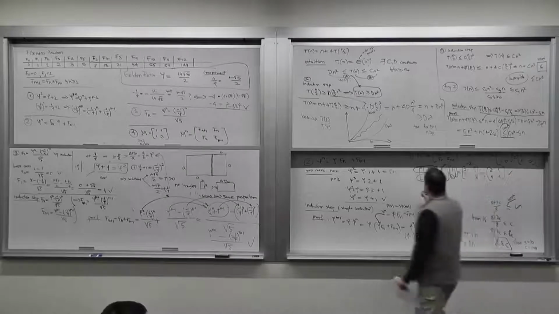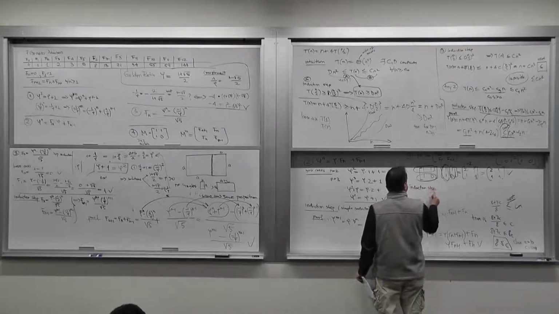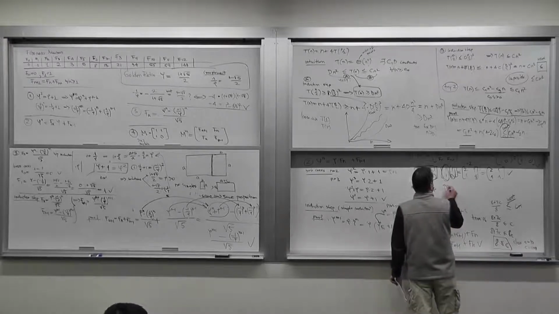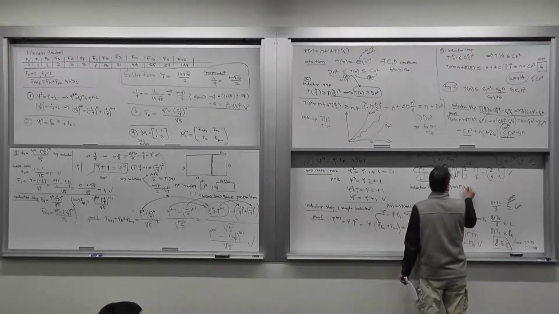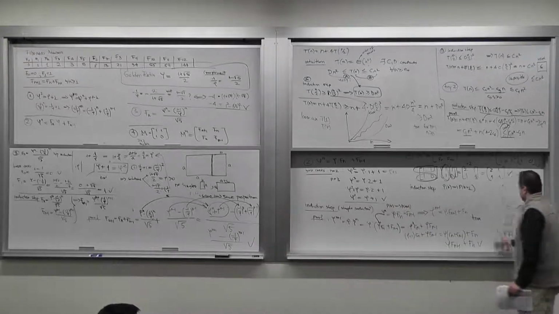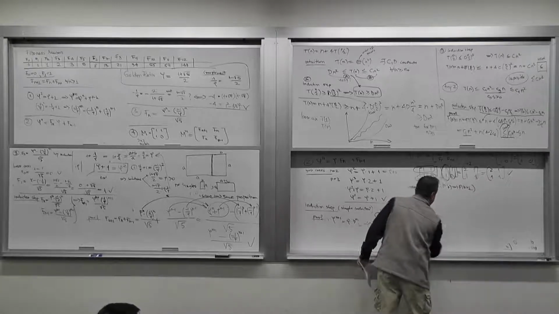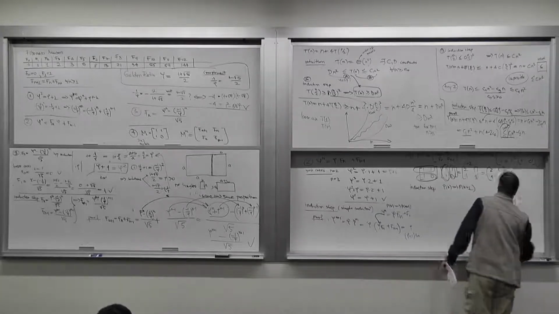So what's the induction step? It's simple induction: P of n implies P of n plus 1. What is P of n? Let's write that again to make sure we follow.